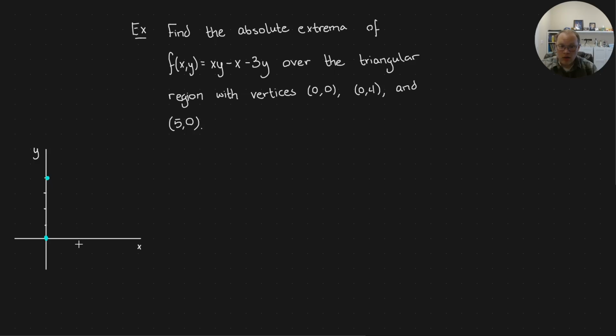Right there. And 5, 0. So we'd go over 5 units: 2, 3, 4, 5. Okay. So our triangular region is this region right here. This is where we want to look for our absolute extrema. This is where we care.